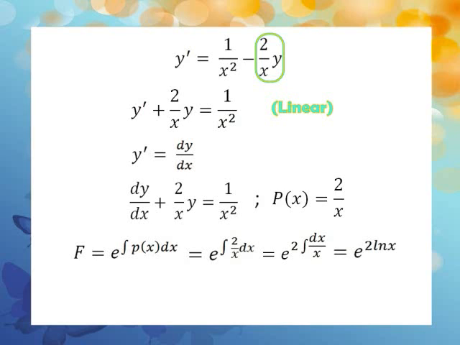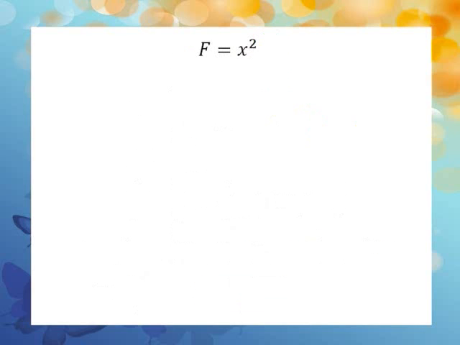So we have e to the 2 ln of x. We bring the 2 up, and so we have e to the ln of x squared. E to the ln of x squared is the same as x squared. So we have the value for our integrating factor, which is x squared.